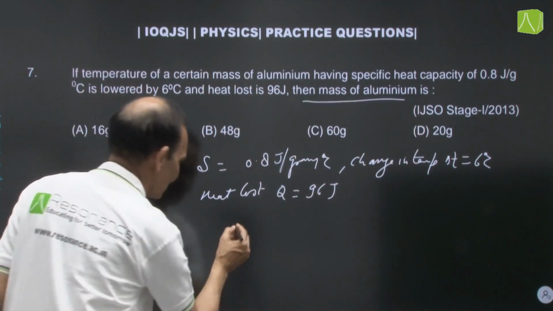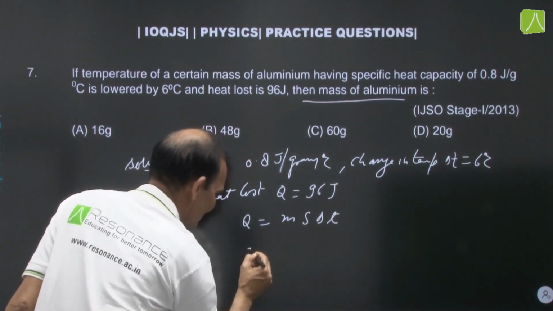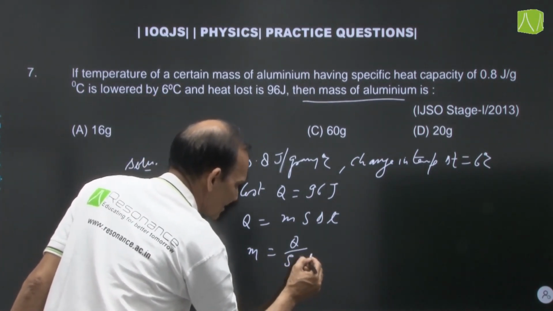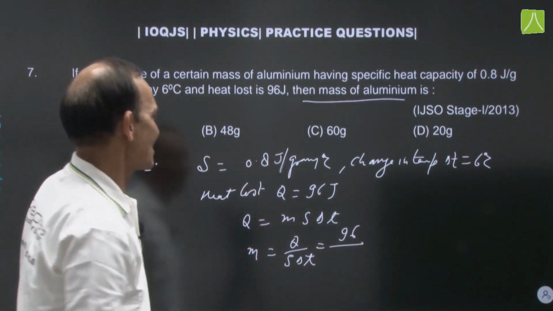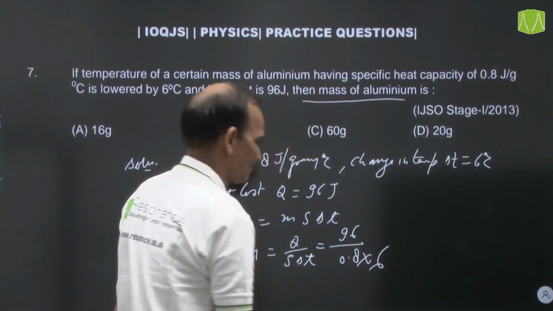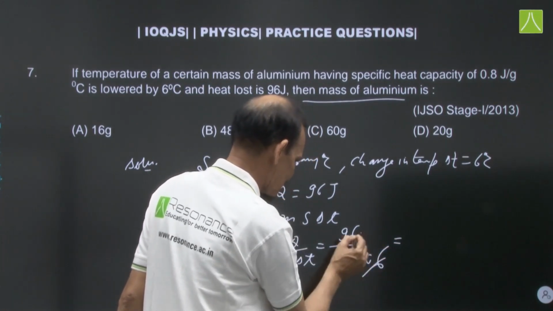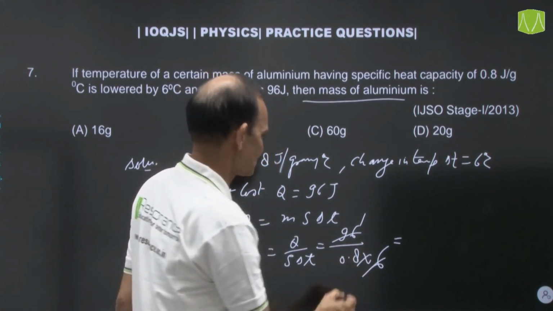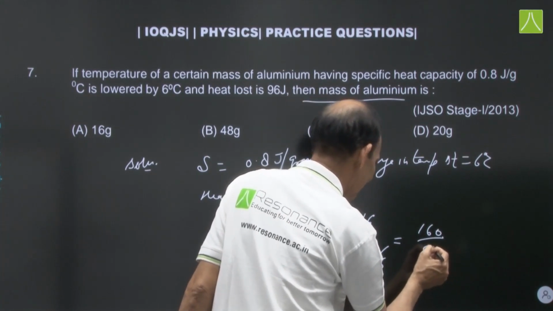We know the relation very well. Q is M S delta T. So what is M? M is Q upon S delta T. Q is 96, S is 0.8, and delta T is 6. We can easily find it. Now solve it. It is 160 divided by 0.8.